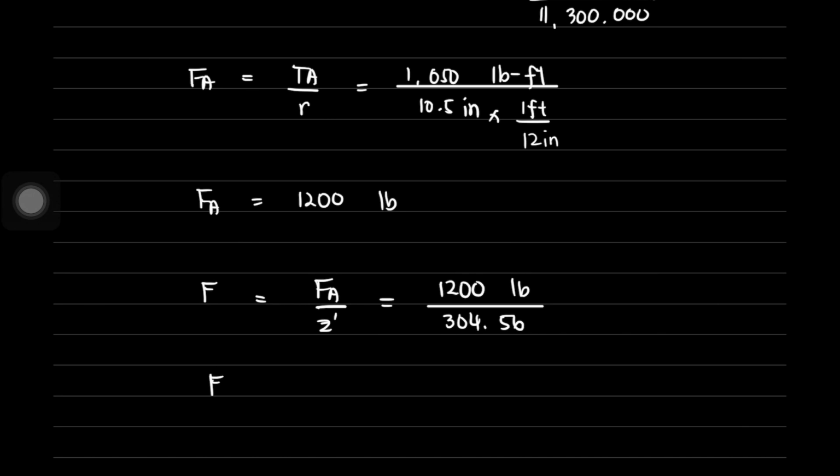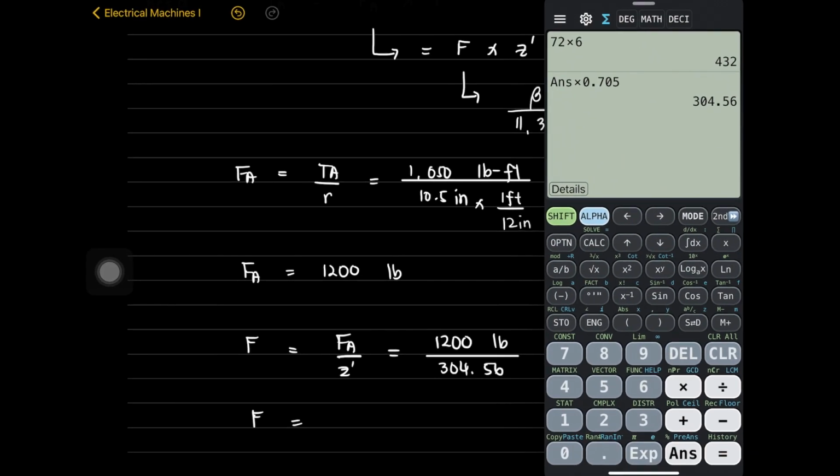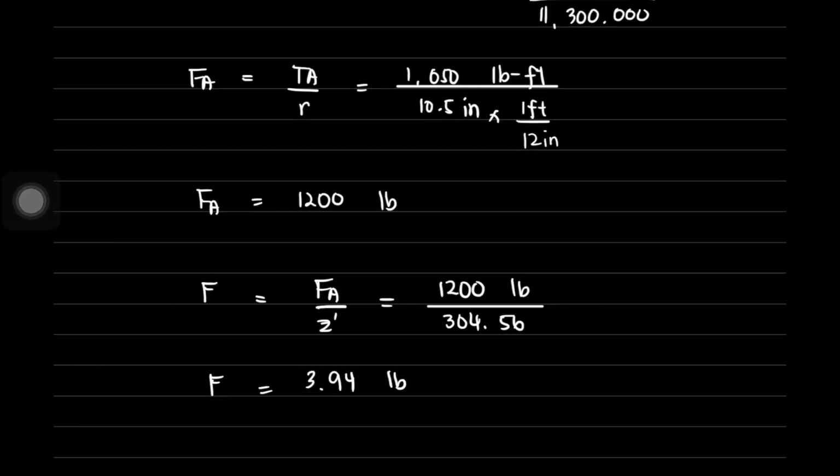So the force exerted by each conductor is 1,200 divided by 304.56, which is 3.94 pounds. And we can already use this force exerted by each conductor to determine the current that is passing through each conductor in each path.